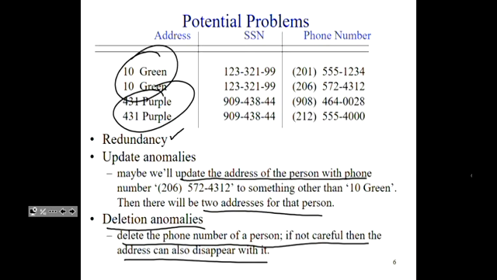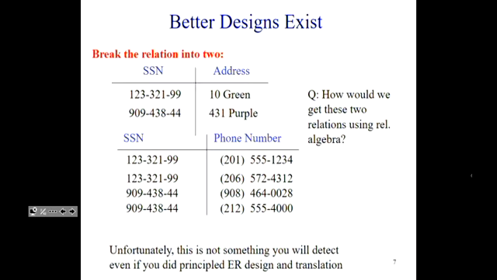So how do we improve it? The way to improve it is to actually break this up into two relations. The first relation corresponds to SSN and address, and the second relation corresponds to SSN and phone number. So the first question is, how do I get these two relations from the original relation SSN, address, phone number?